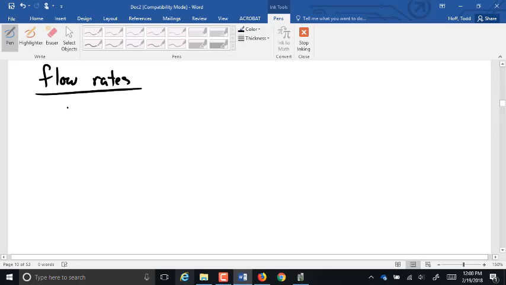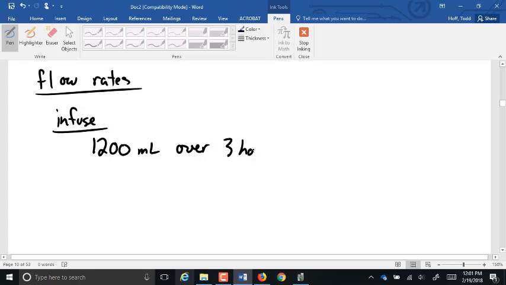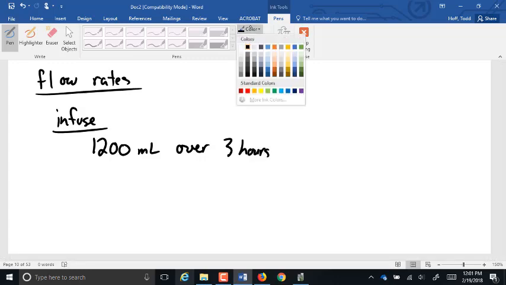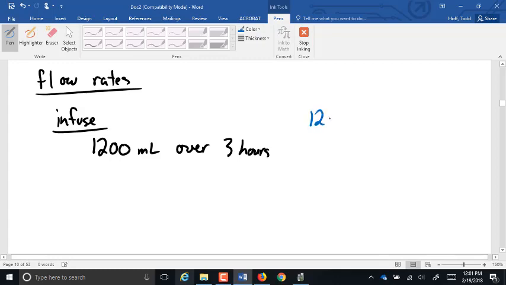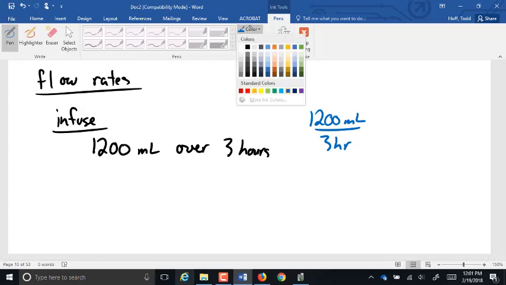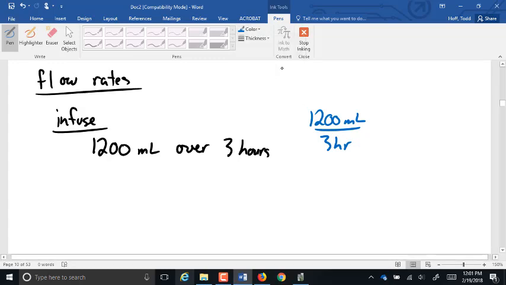If we infuse 1,200 milliliters of fluid over 3 hours, that's going to give us a flow rate. 1,200 milliliters over 3 hours, and we convert that into a unit rate by dividing by that bottom number of 3, which is 400 milliliters per 1 hour. Or, of course, just 400 milliliters per hour.